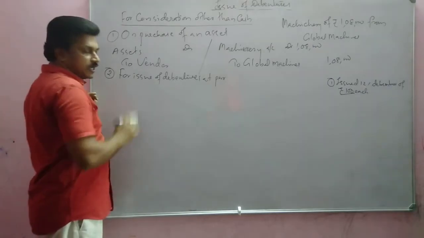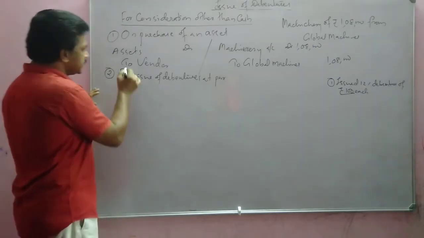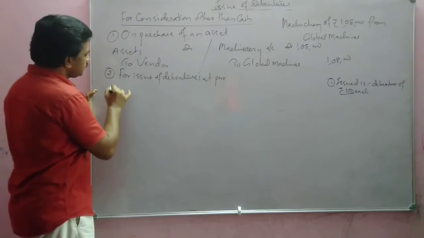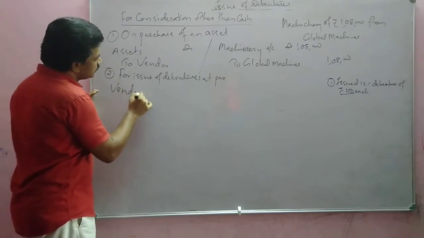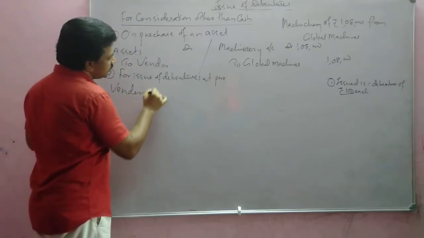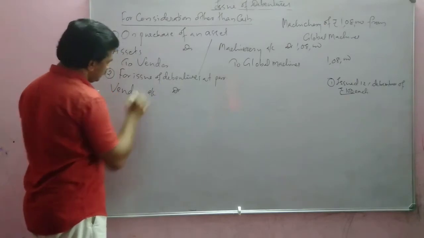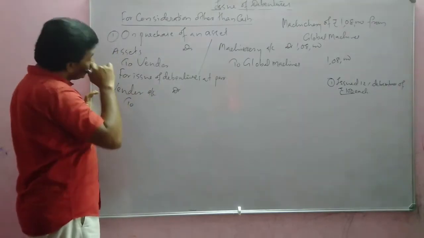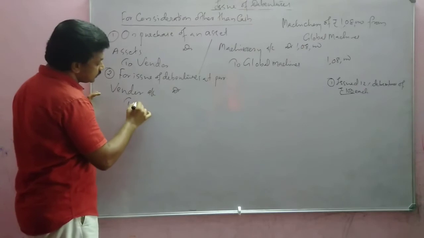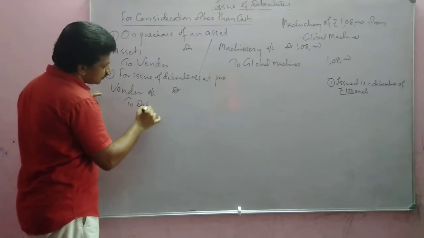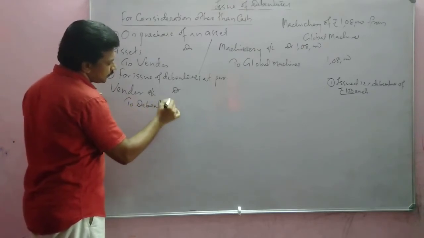Then what will be the journal entry? The journal entry is we have to pay to vendor. So vendor account debtor to debentures we are issuing. So we will write debenture or debenture capital.